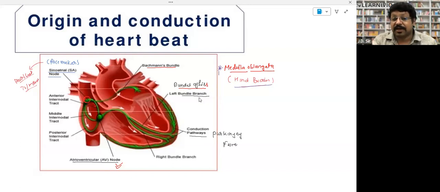This question has been asked: where does it lie? Underline this point: it lies in the wall of the right atrium, near the opening of the superior vena cava.